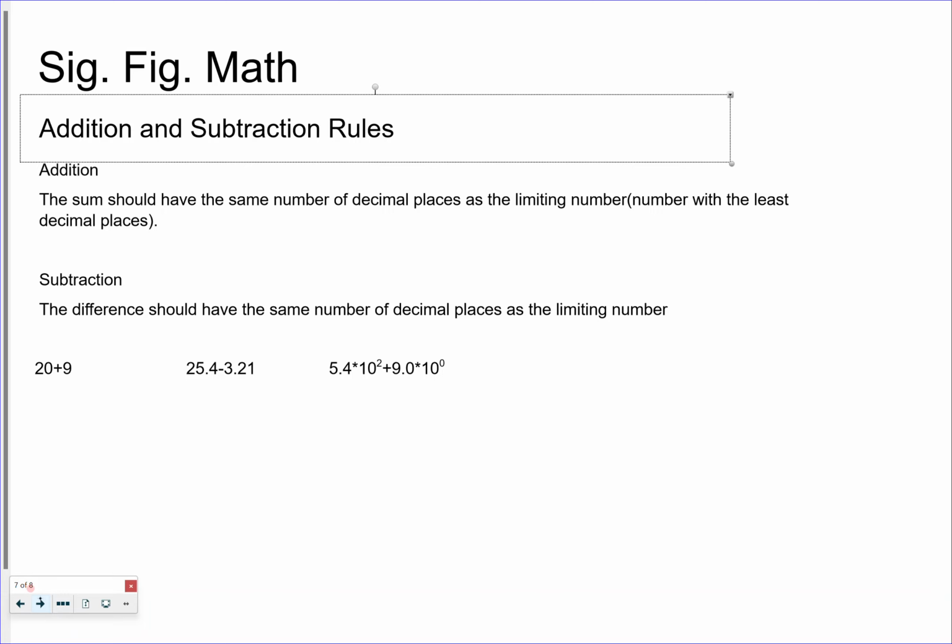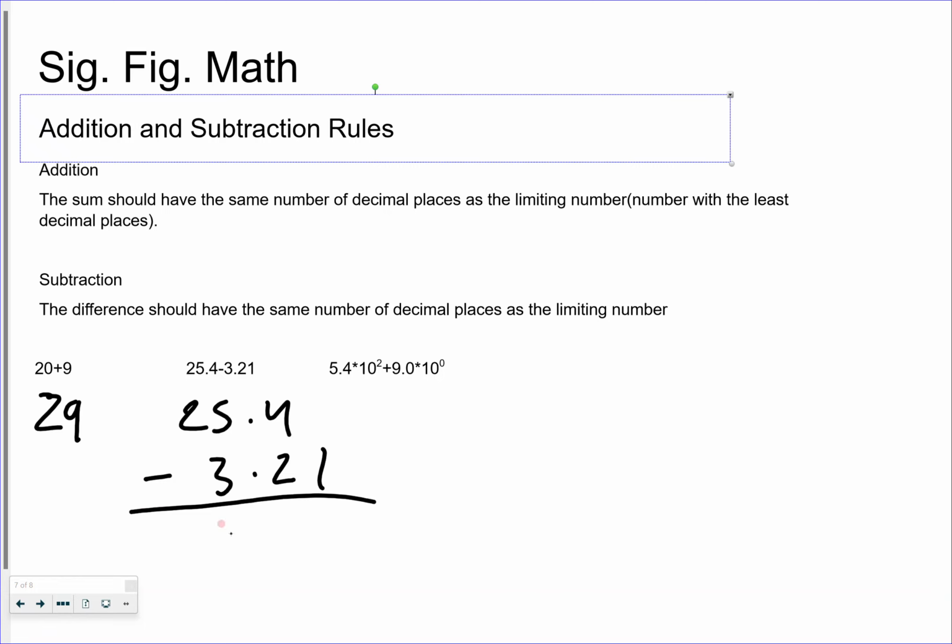For the first problem here, we have 20 plus 9, which is pretty straightforward. It will just be 29. The next one is a bit more complicated. We have 25.4 minus 3.21. We have 2 sets of numbers with different decimal places.